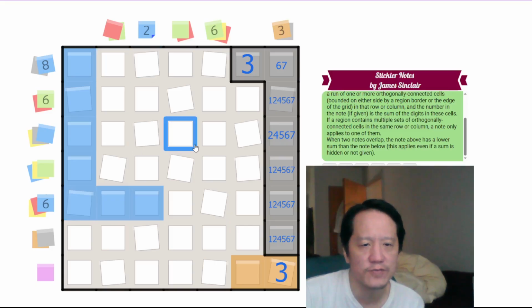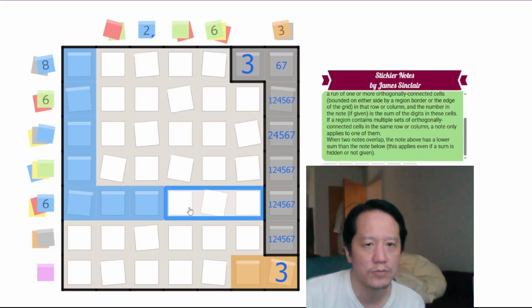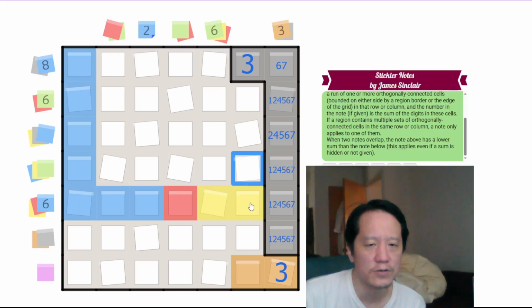What happens if we have 2 extend there? This has to have red and yellow. Red can only be part of these. So say we have red and then yellow here. Yellow has to be at least 2. This is 7. This is potentially possible.